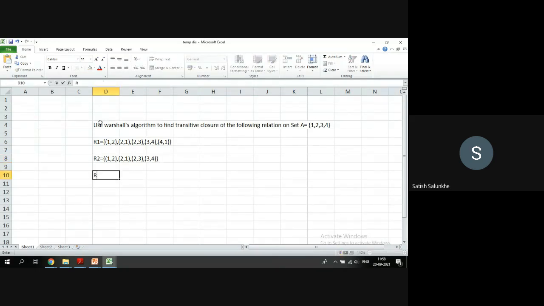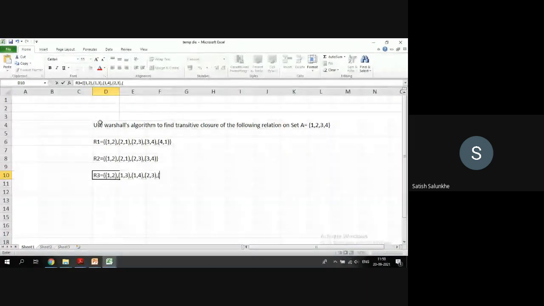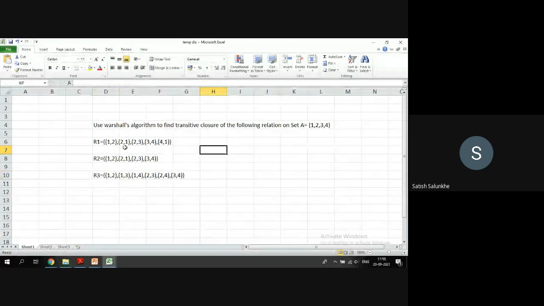Take another relation R3 that is equal to 1 4, 2 3, 2 4, 3 4.